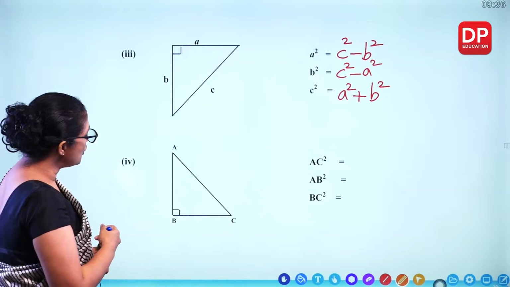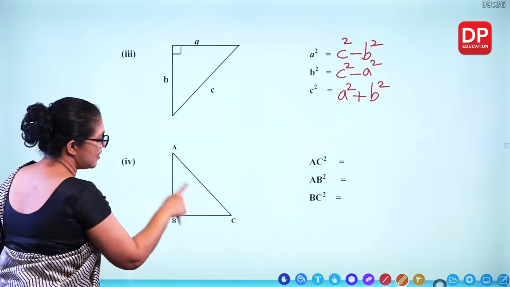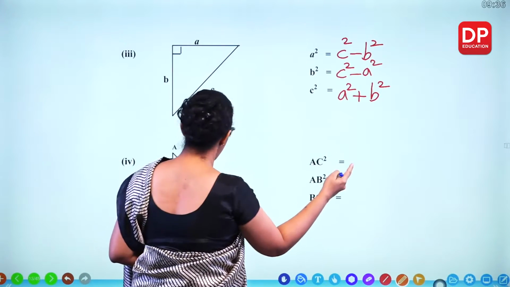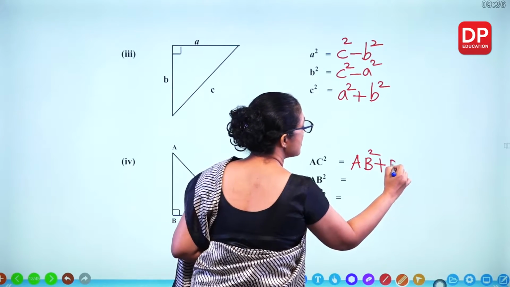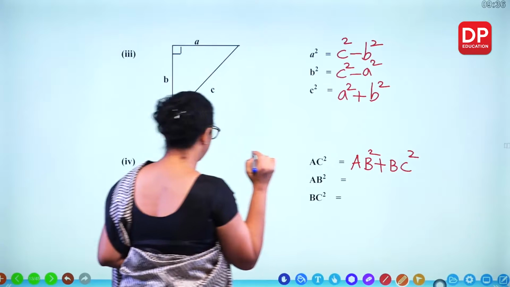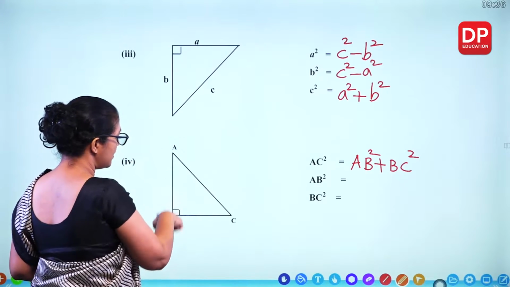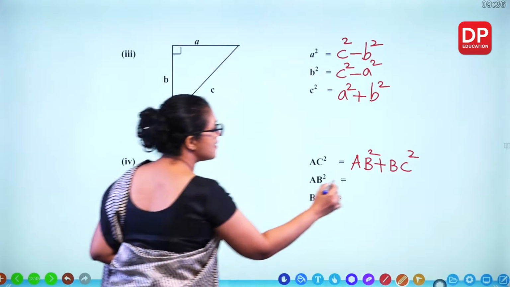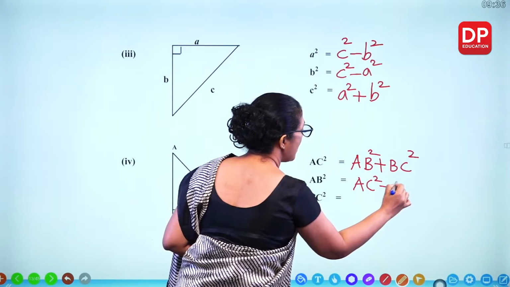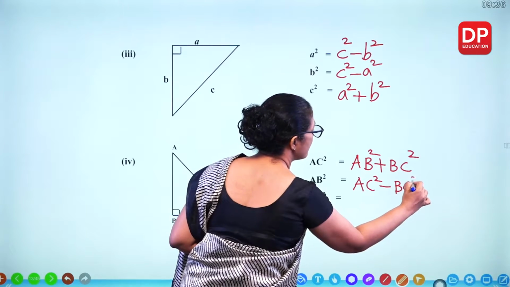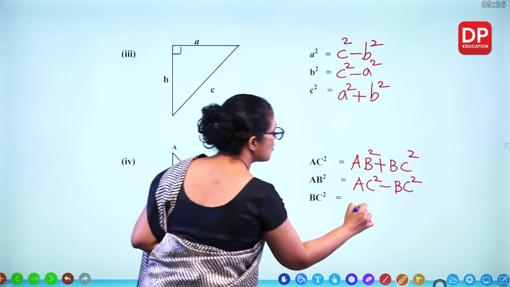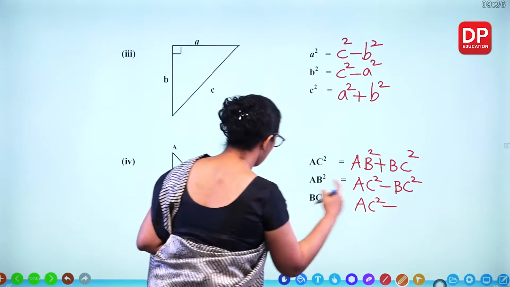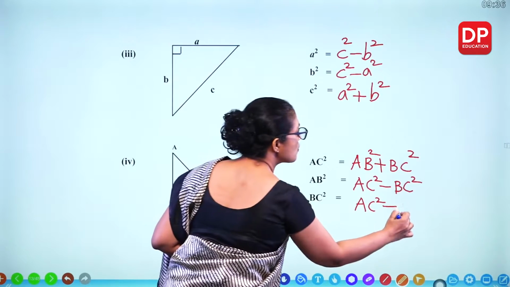So what's the hypotenuse here? AC. So AC squared is AB squared plus BC squared. AB squared, this one is AC squared minus BC squared. If you want BC squared, that's AC squared minus AB squared.